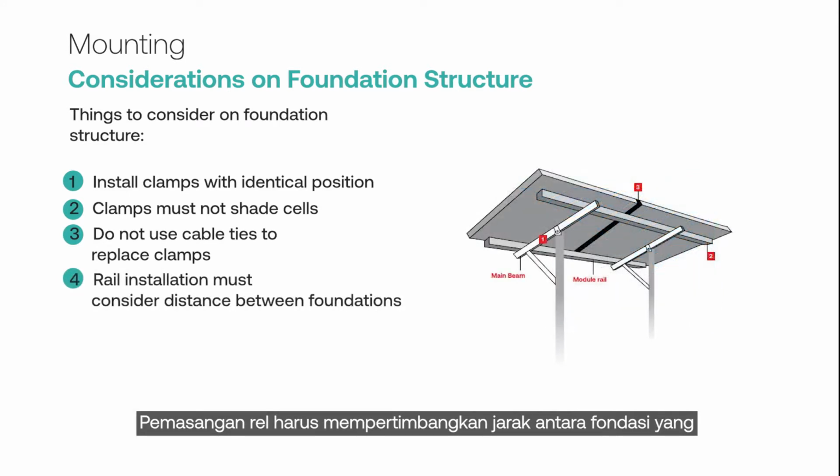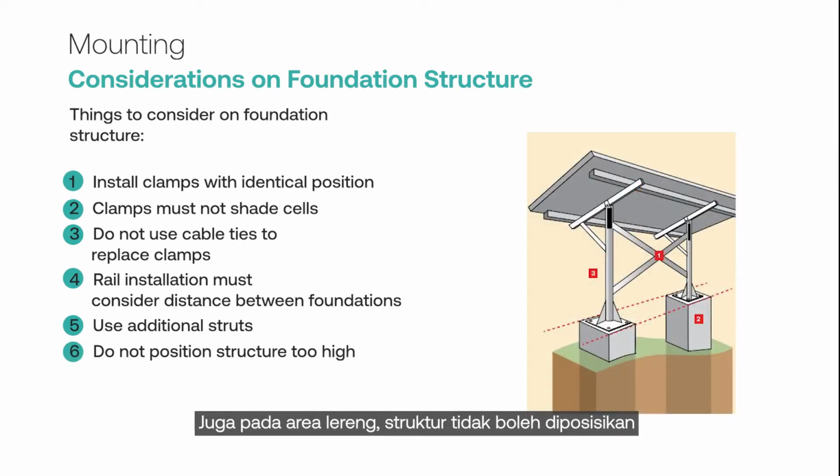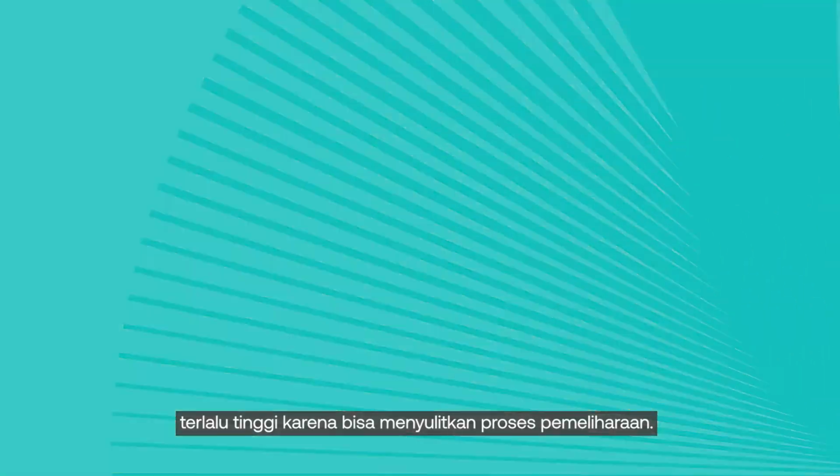Rail installation must consider the distance between foundations. It should not be so far that causes the rails to support heavy load. In slope area, the piles must be supported by additional struts. Still in slope area, the structure should not be positioned too high, that will cause difficulties during maintenance.